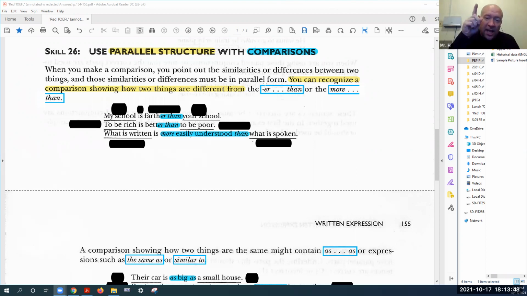And then the second parallel structure we did was with paired conjunction. Do you remember when I showed you my shoes in class? I showed you one of my shoes, and the shoes didn't match, right?